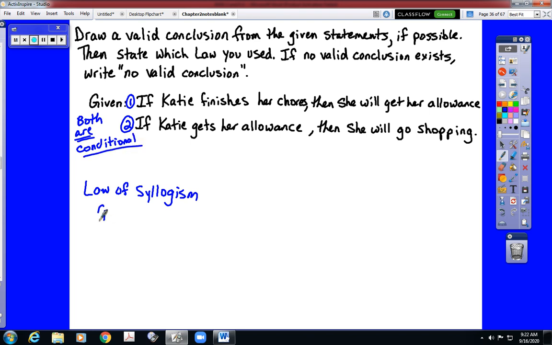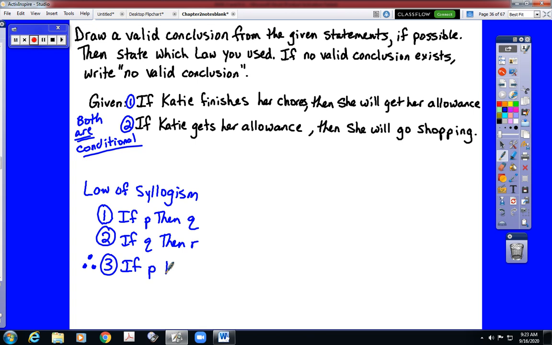So we check the law of syllogism, which must say, if P, then Q. If Q, then R. And that would allow us to draw the conclusion, if P, then R. It has to match that pattern exactly. Okay? It cannot deviate at all from that pattern. It must perfectly match that pattern.